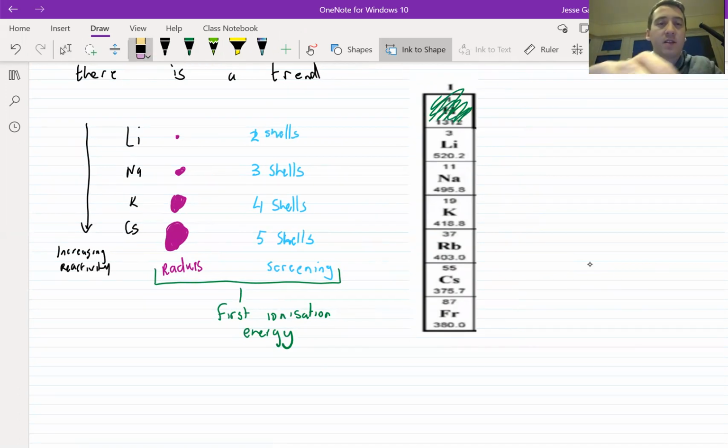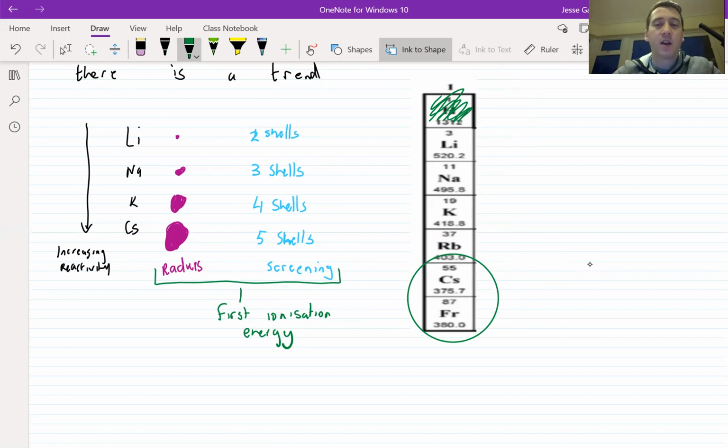If we look down at francium, cesium and francium have the two lowest first ionization energies on the table. That means they are some of the most reactive elements on the table, because they will lose their electrons really easily. It doesn't take much energy at all to get them going.